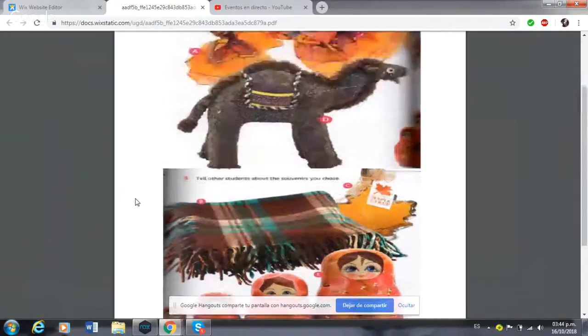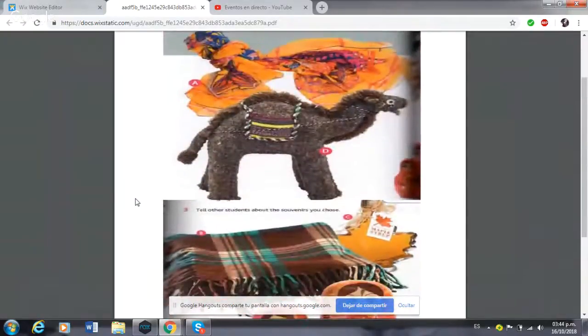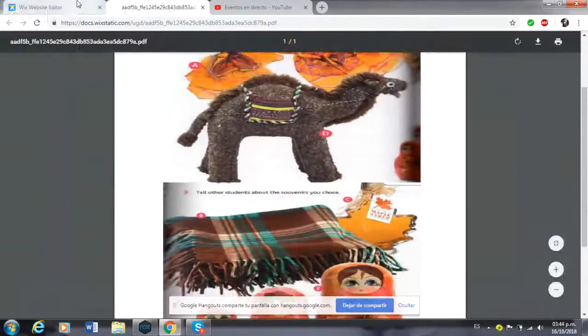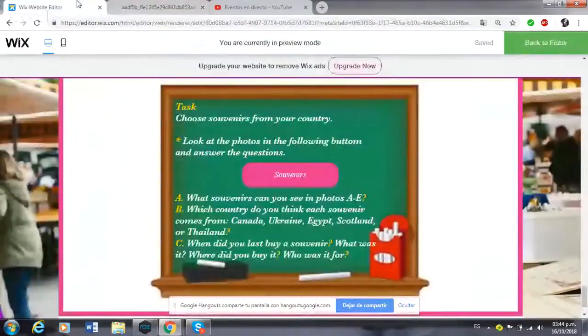When you look at these photos, these pictures, you are going to answer these questions, taking the photos as a base to answer each one of these questions.